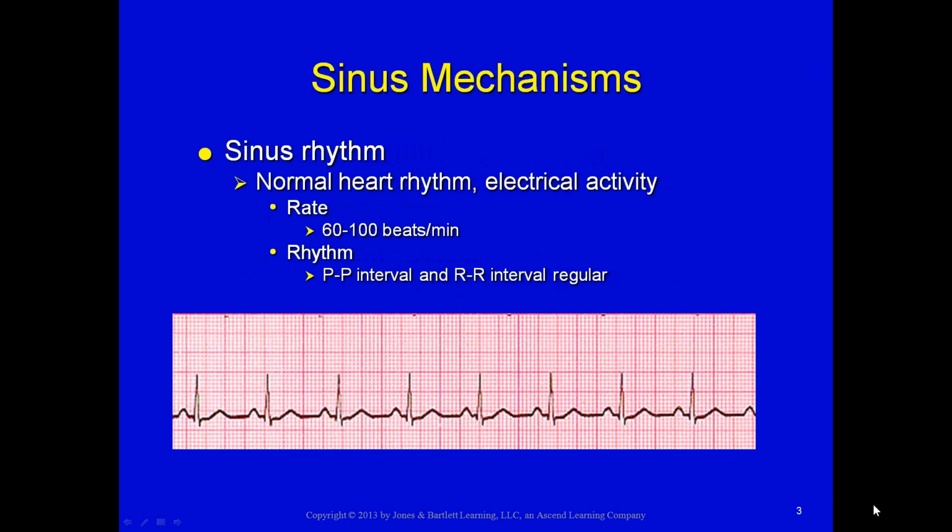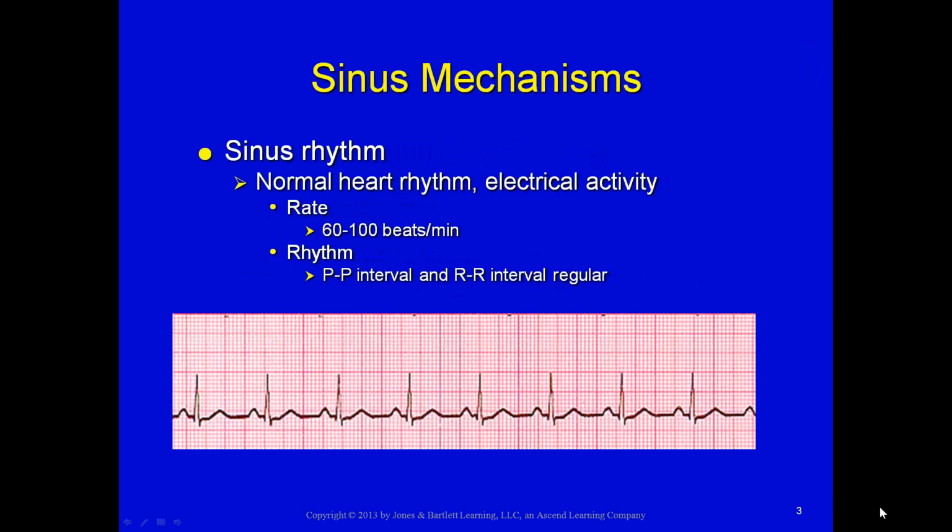So a normal sinus rhythm, and some people will call it a sinus rhythm because they don't believe that everything is normal. Some people will call it a regular sinus rhythm. It's called a variety of different things, but in sinus rhythm the rate is normal. It's between 60 and 100, because that's typically the rate at which the SA node fires. The rhythm is regular.